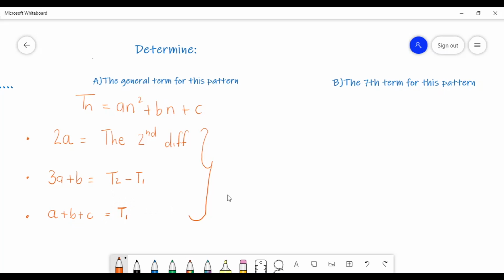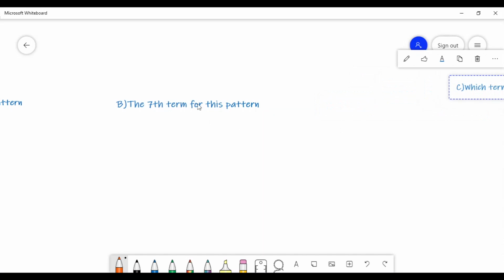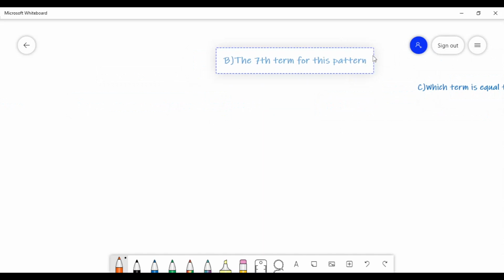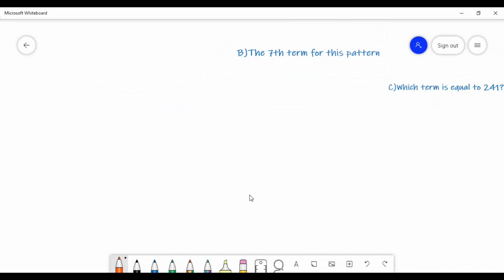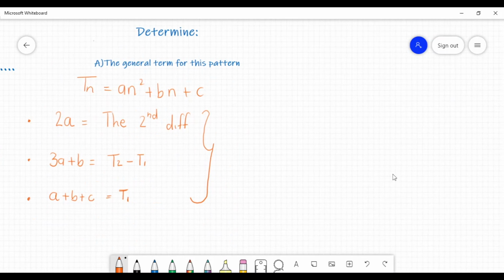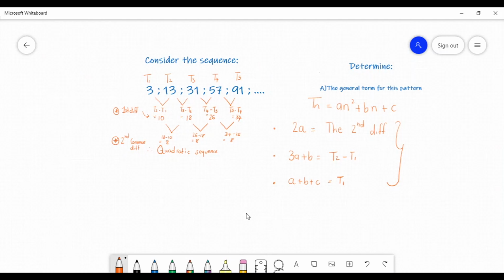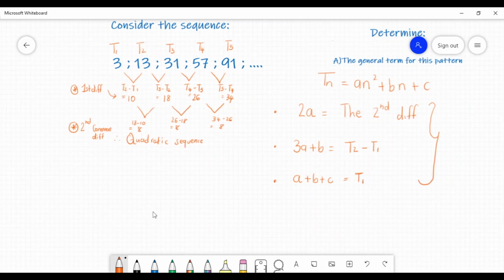All right, so we're going to get started, guys, with the questions and see how far we get with that. Okay, all right, so 2a is equal to the second difference. So if I go to my pattern, what was my second difference?